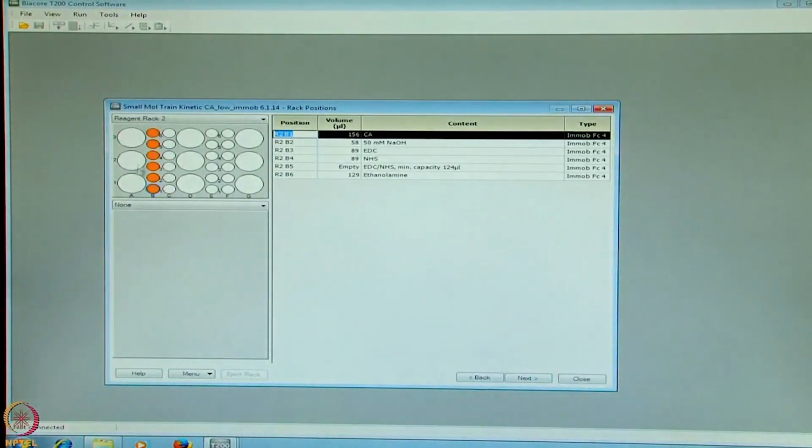Now we will have the following reagents prepared for the kinetic analysis of the interaction of carbonic anhydrase with various small molecules.